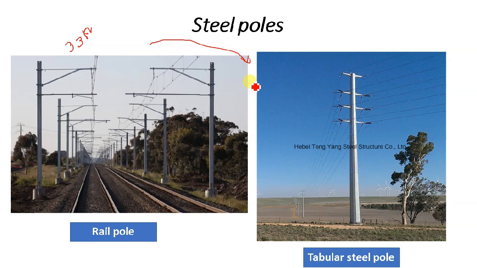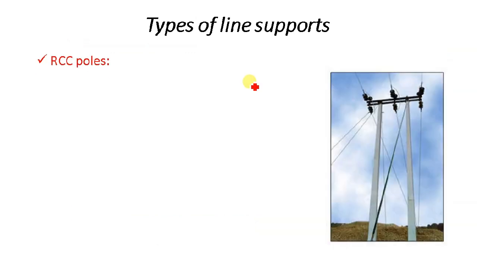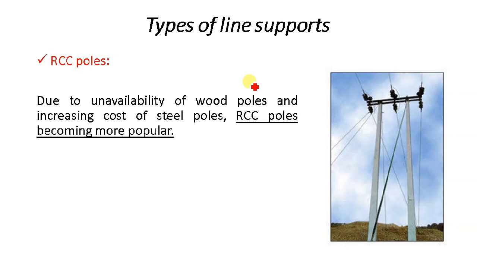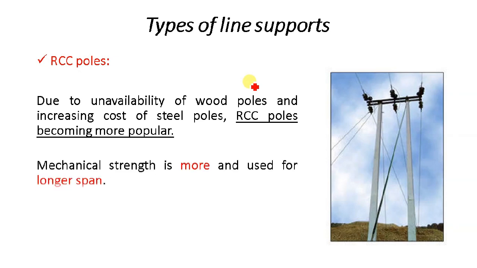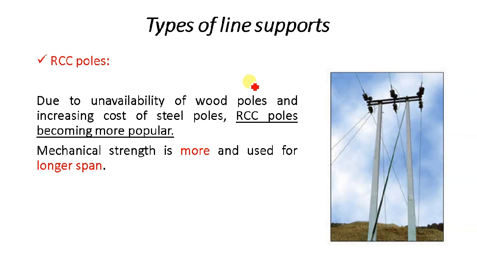Now let us discuss the third pole, which is the RCC pole. Due to the unavailability of wood and the increasing cost of steel poles, RCC poles are becoming more popular. Its mechanical strength is higher and it is used for longer span lengths.